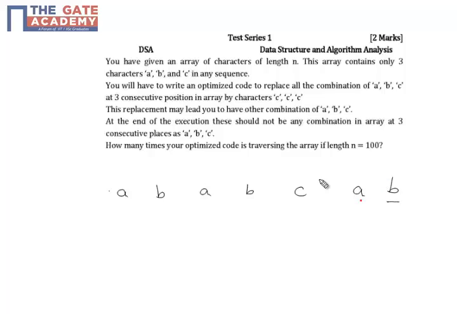I will take the last three characters and check whether these characters are in the sequence A, B, C, starting from the n-2 index, n-1 index, and n index. Let's say I am taking the index from 1. If we take the index from 0, then it will be n-1, n-2 and n-3. It is not the concern.